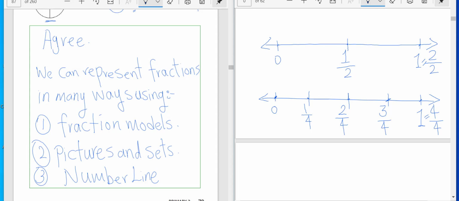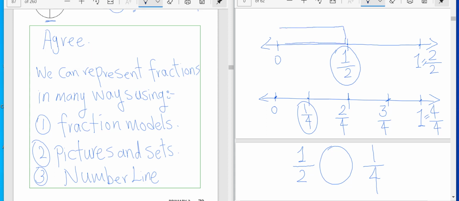Okay. We want to compare half and fourth. Which is more than, half or fourth? From the number line, we know that this is half, and this is fourth.